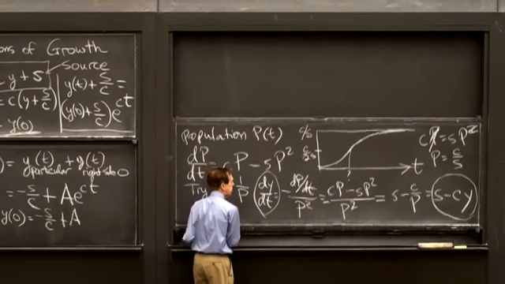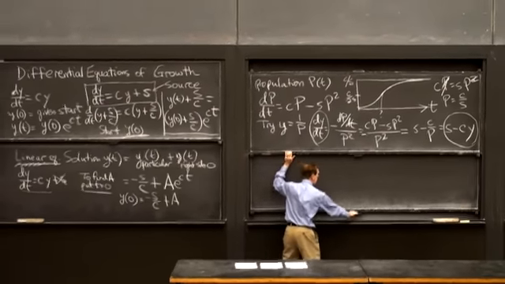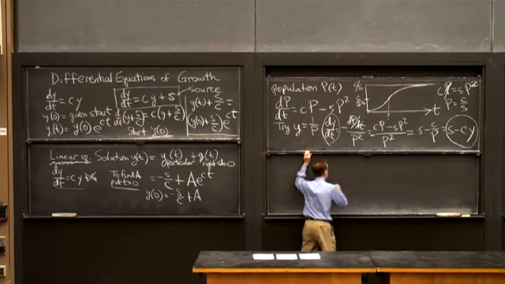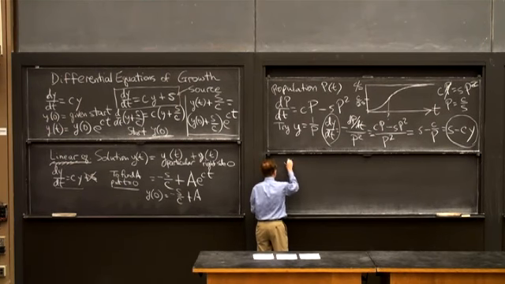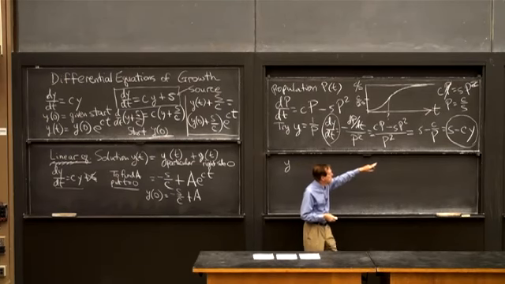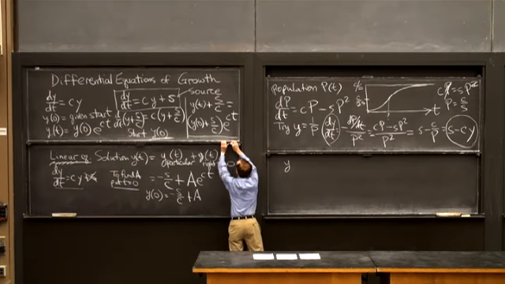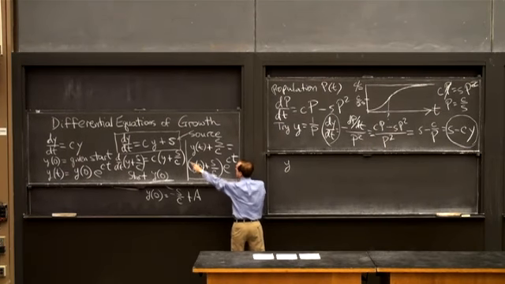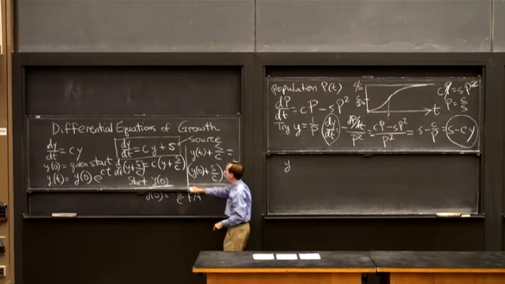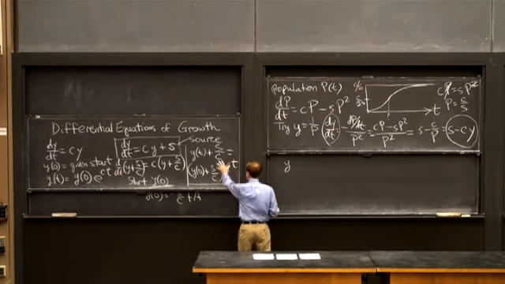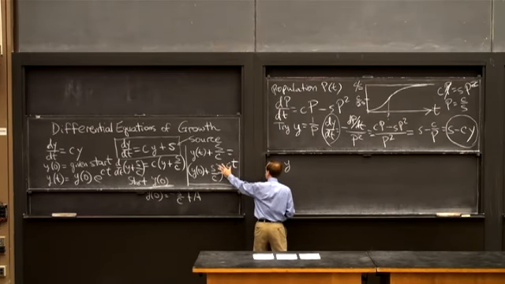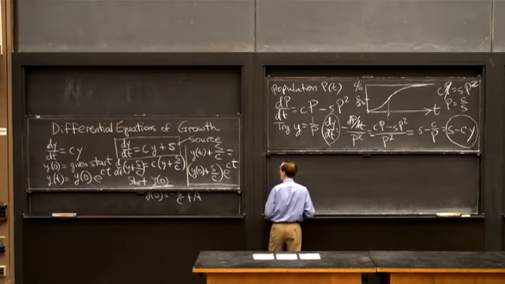Shall I write down the answer? So the answer for y, you remember the answer for y is, I'm going to look over here, right up there. This is our equation. The only difference is c is coming in with a minus sign. So I'm just going to write that same solution. May I just copy that here?